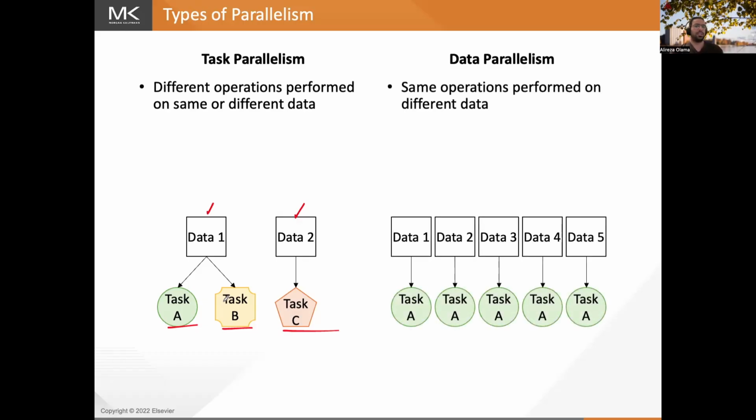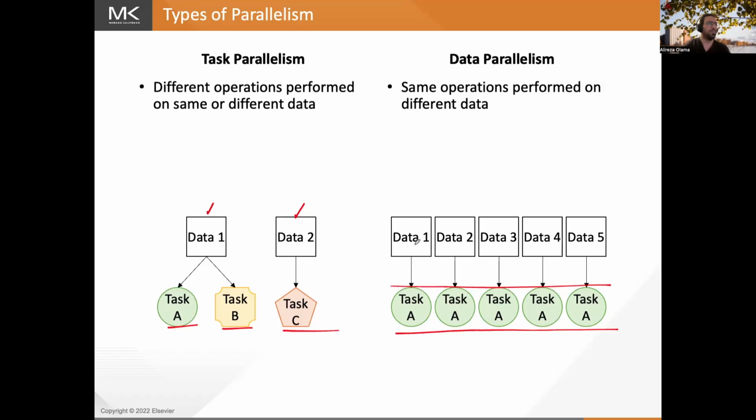On the other hand, in data parallelism, you have a lot of data. You have a huge number of data points, and you want to perform the same operation on these data points. So basically, you have the same task, but you want to apply it on different data, and this data can be huge.